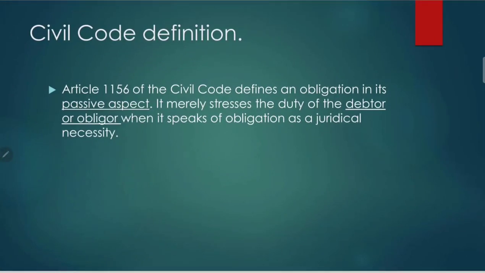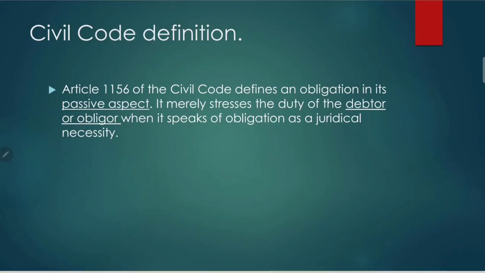So, another description ng ating definition ng obligation, it is provided herein that Article 1156 of the Civil Code defines an obligation in its passive aspect. It merely stresses the duty of the debtor or obligor when it speaks of obligation as a juridical necessity.